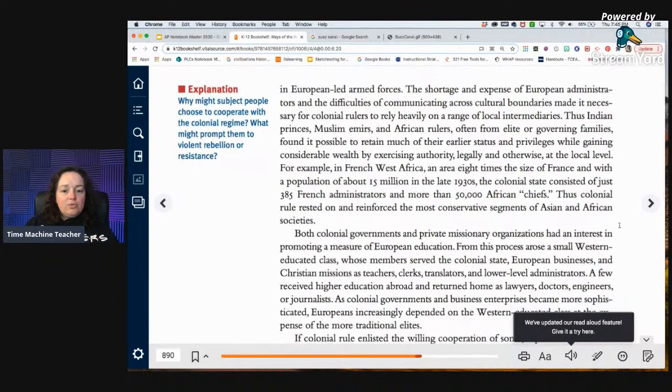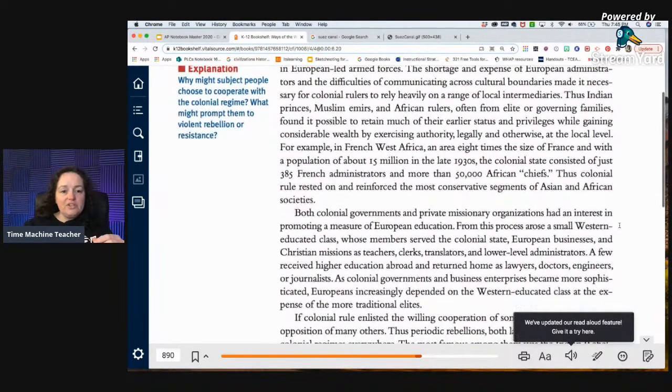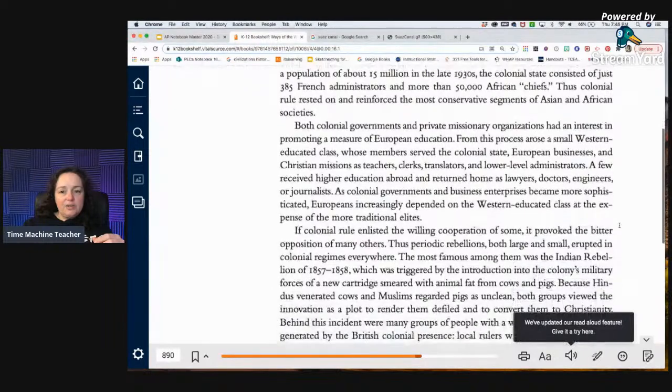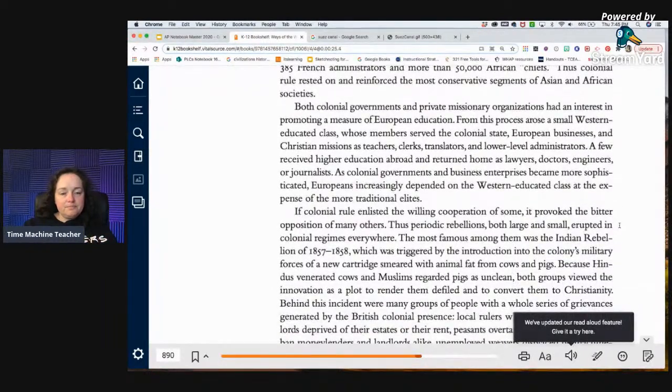Thus, colonial rule rested on and reinforced the most conservative segments of Asian and African societies. So put down that especially the elite in societies were given governing roles.